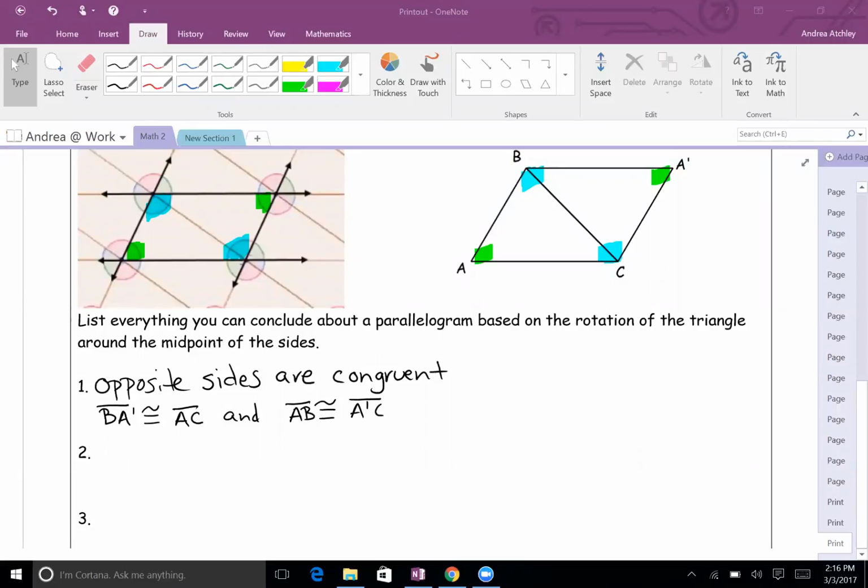Any other things that we see? Yes? Opposite sides are parallel. That's right. Hold on a second. Okay, well that's just the rotation, so you'll have two congruent triangles. Brandon, what were you going to say? Opposite sides are parallel. They're not only congruent, but they're also parallel.